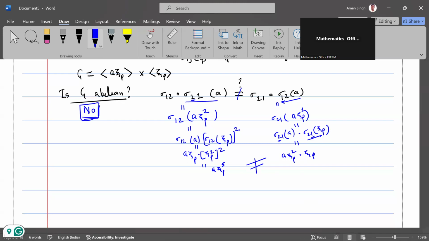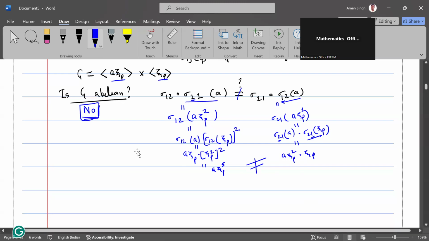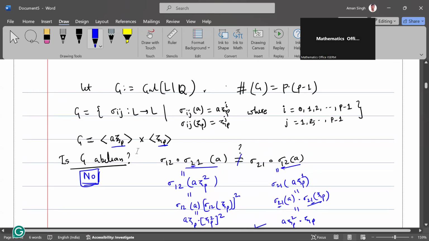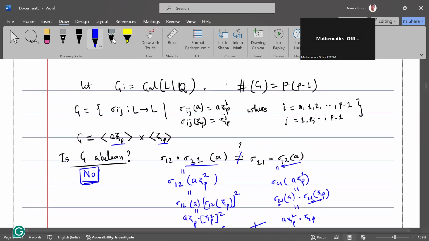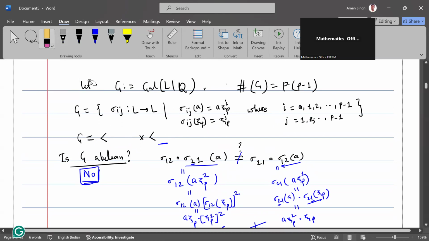But we have this, that there exists a p order element. There exists a p minus 1 order element? Oh, sorry. Is there a p minus 1 order element? First of all, these are not elements of G, so we cannot write that. G is not abelian.